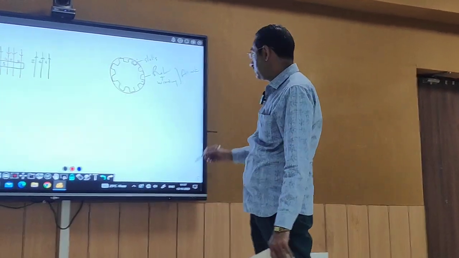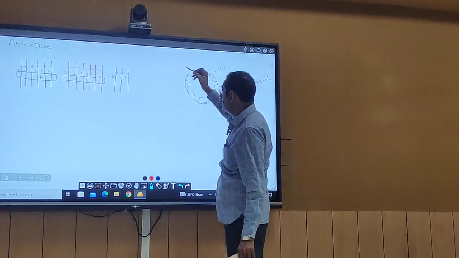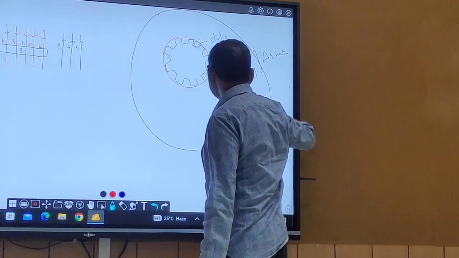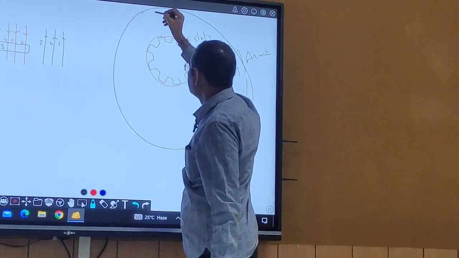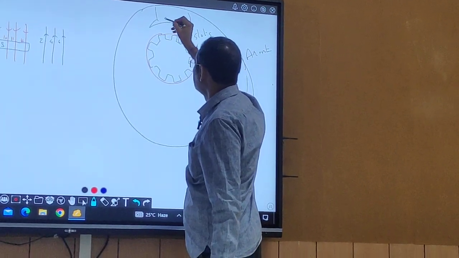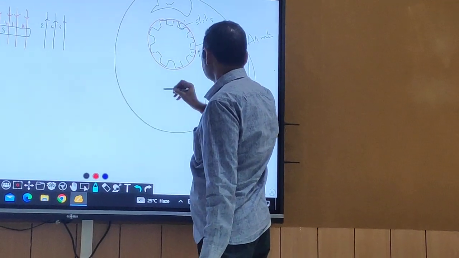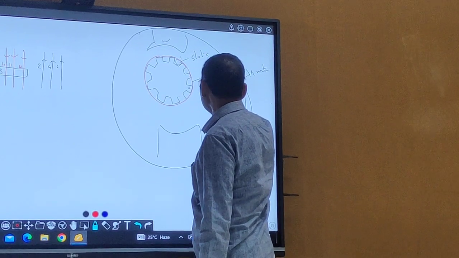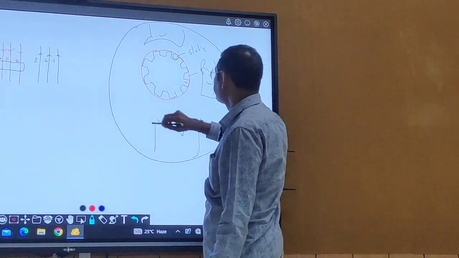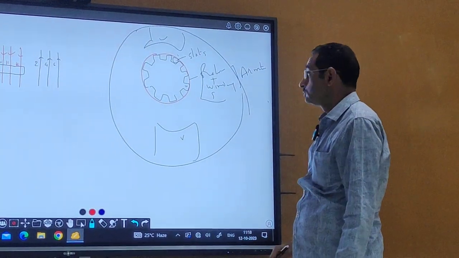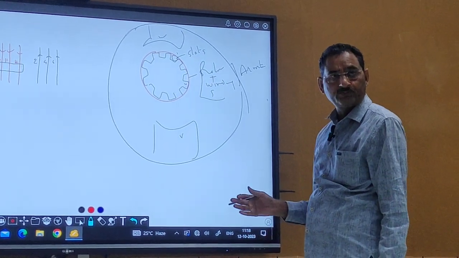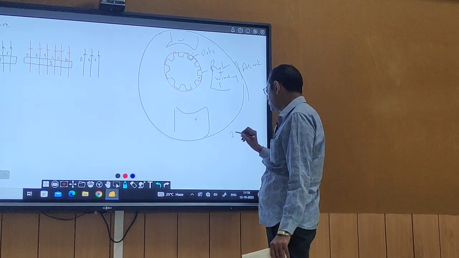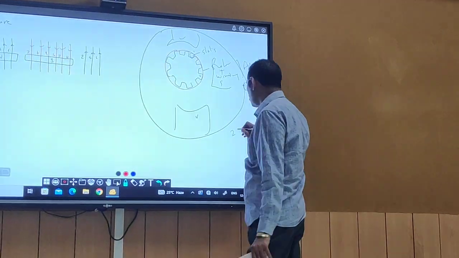As I told, there can be a 2-pole machine, a 4-pole machine, a 6-pole machine. If you remember, here it is a rotor, and inside this there can be a stator. Here it can be stator, and here say north pole, south pole, then north pole, then south pole, like this: north, south, north, south. First of all, here we are considering a 2-pole machine.